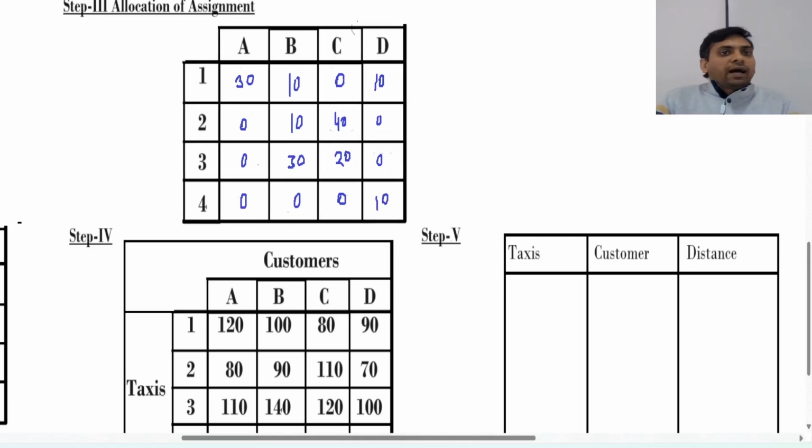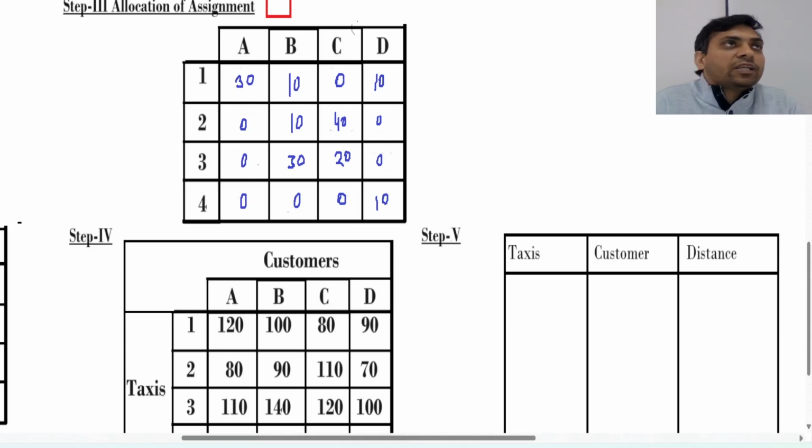In this step, assignment is denoted by a square. We will look for the row or column which has only one 0.